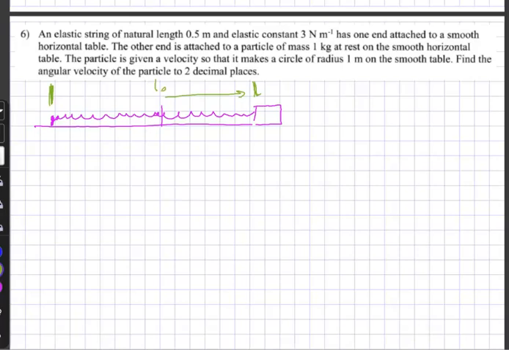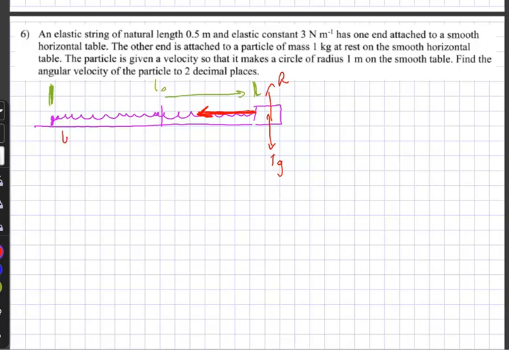The spring is creating a force acting in, which is providing the centripetal force. So we have a weight, 1g. We have a normal reaction in the other direction. Now there's no friction, so that's of no consequence whatsoever. What we're really interested in is the force acting in. The force is being created by the spring.